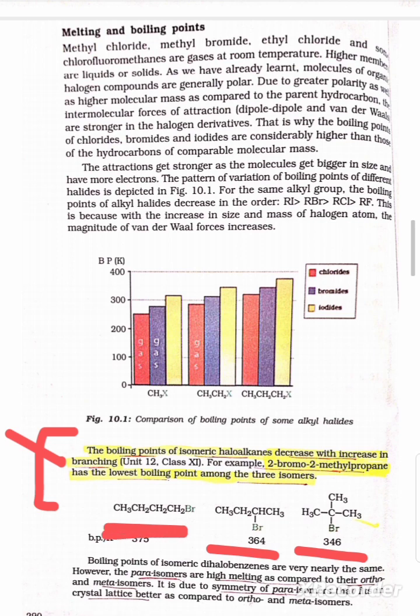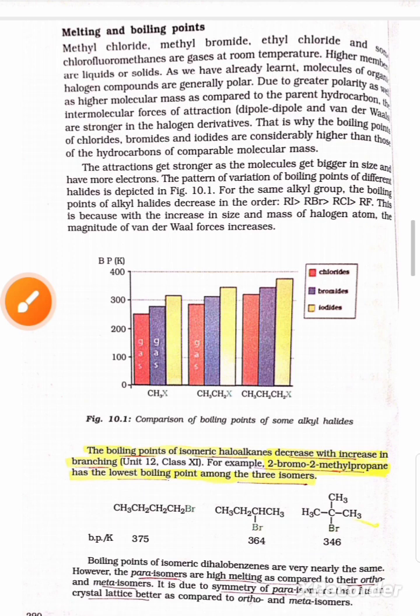Among these primary, secondary and tertiary isomeric haloalkanes, 2-bromo-2-methylpropane has the lowest boiling point. As the branching increases, the boiling point decreases. And among dihalobenzenes, para isomers have a high melting point because of their symmetry. They fit in the crystal lattice better.